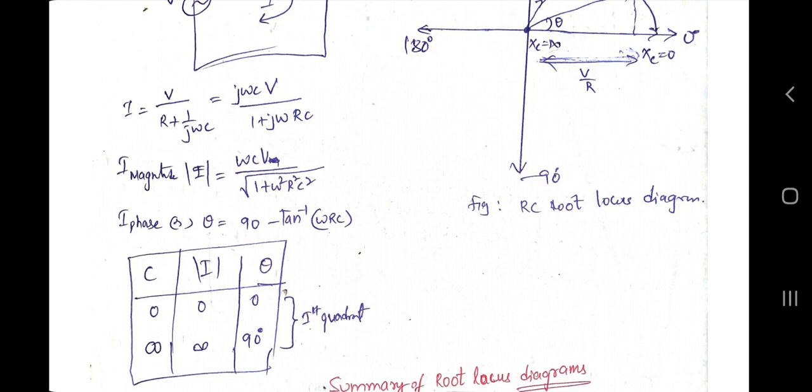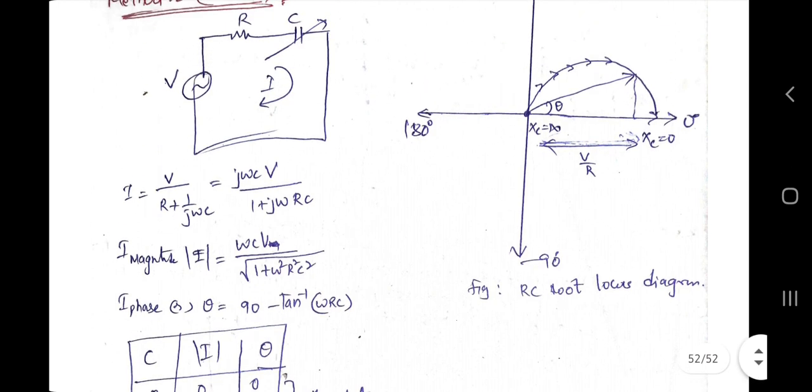If the C value tends to infinity, the magnitude is infinite and leads by 90 degrees, which lies in the first quadrant. This is about XC being varied from 0 to infinity when the resistance is fixed.